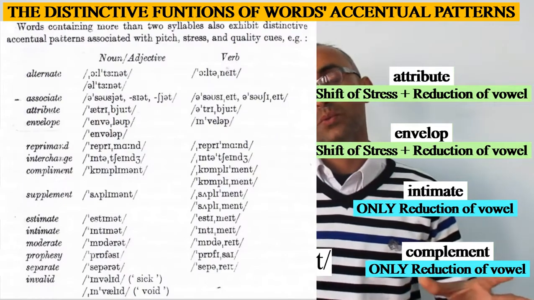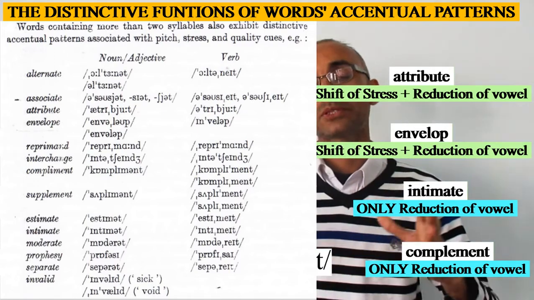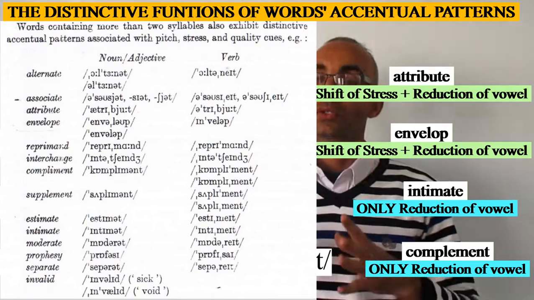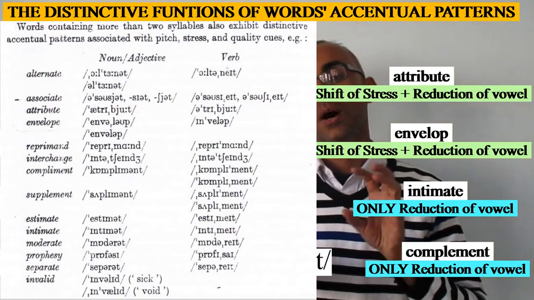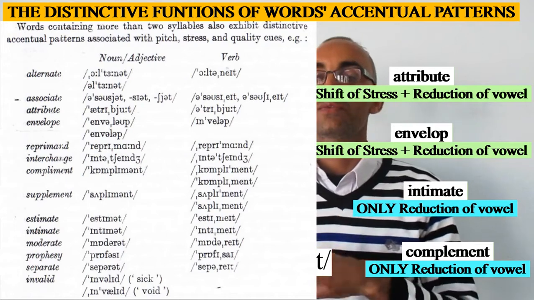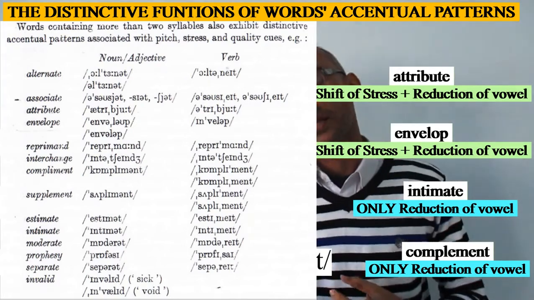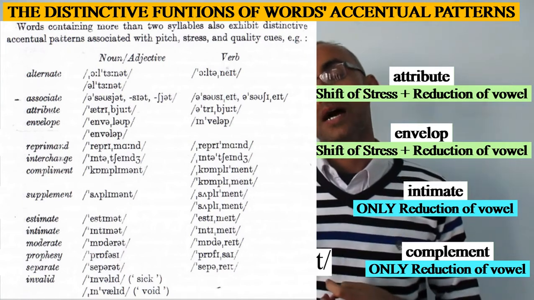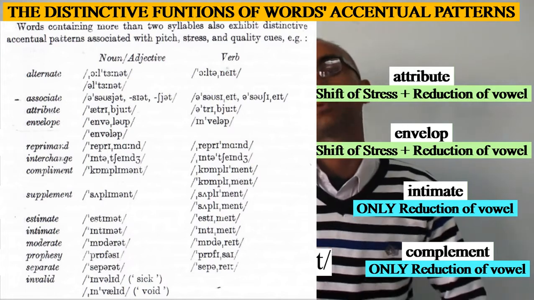But usually, as we said before, the accentual pattern concerns both change of stress placement as well as the related phenomenon of reduction of mainly the first vowel in the word to short vowels schwa or e, as you have seen in the first examples.